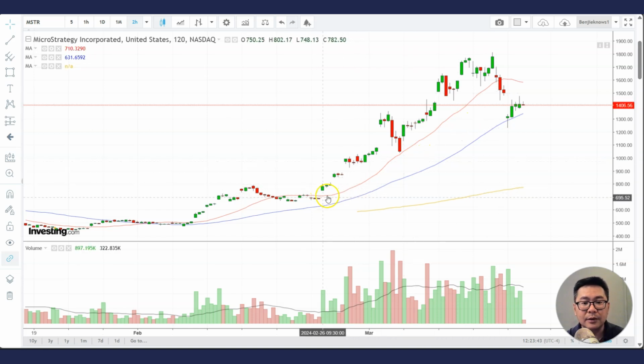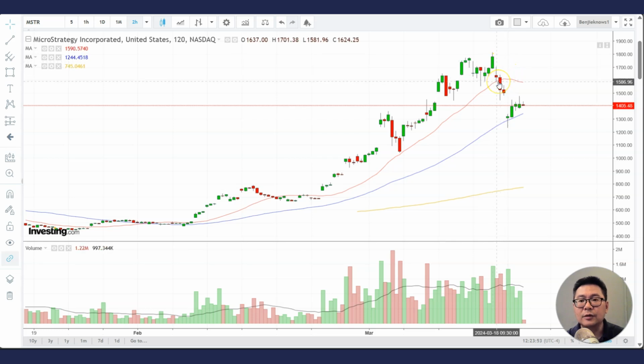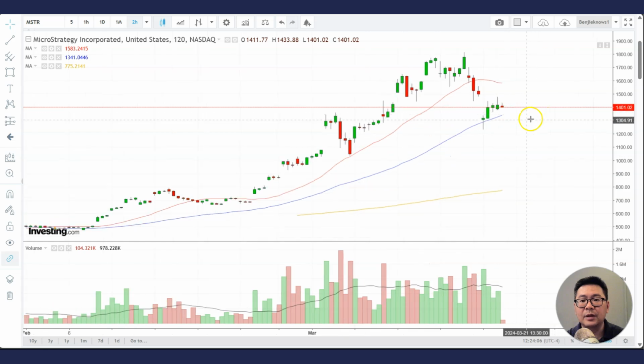When the stock is above the 2-hour 20 MA, look, it rises up very nicely despite correction. It continues to rise, but the moment it drops below the 2-hour 20 MA, I deem it to be not very conducive for short-term trend plays. Okay, this will come into areas of support and resistance which you need to look at before you enter.